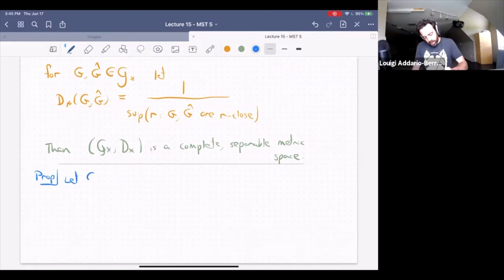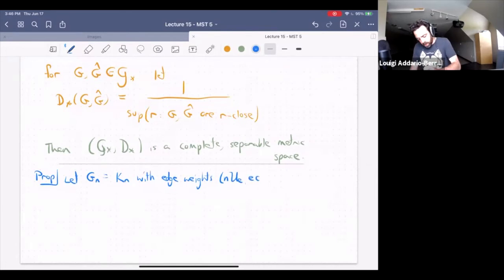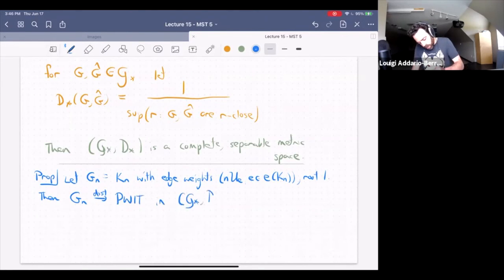So if we let Gn be Kn with these edge weights, n times U_e, and say root 1, then Gn converges in distribution to the PWIT in the space G star, D star.